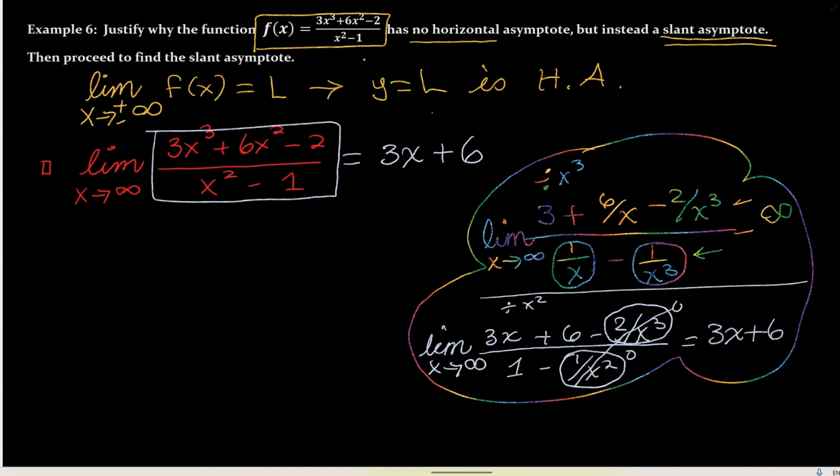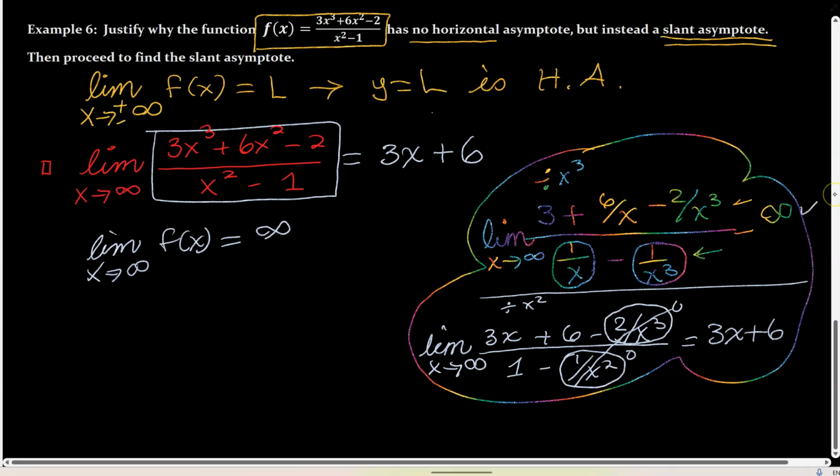And 3x plus 6 is a line. So when x is approaching infinity, the limit as x goes to infinity of f of x, your function is going to infinity as we have seen, right? When x is big, then 3x plus 6 is going to be really big.